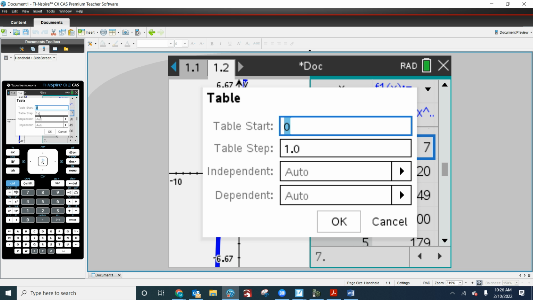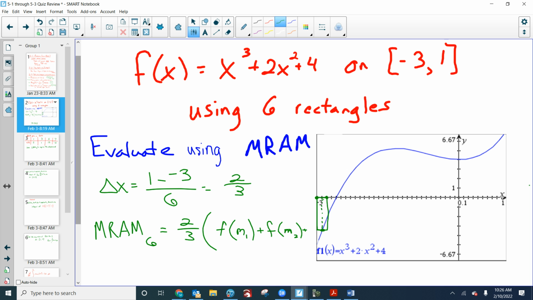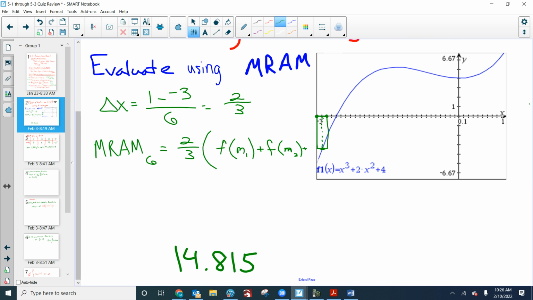Are you with me? So what is the first x value that I want? It's not -3. It's not -2 1/3. Say it again. -2 2/3. Do we agree?